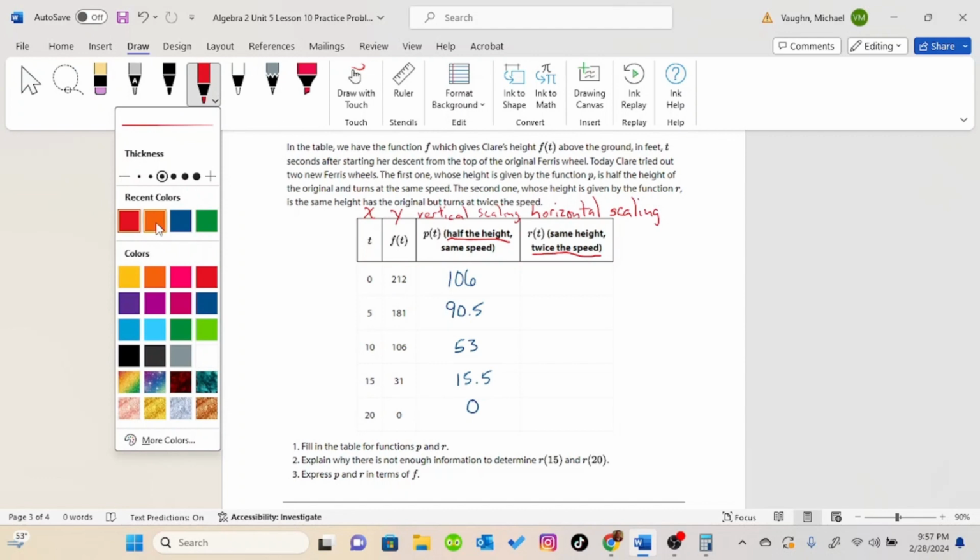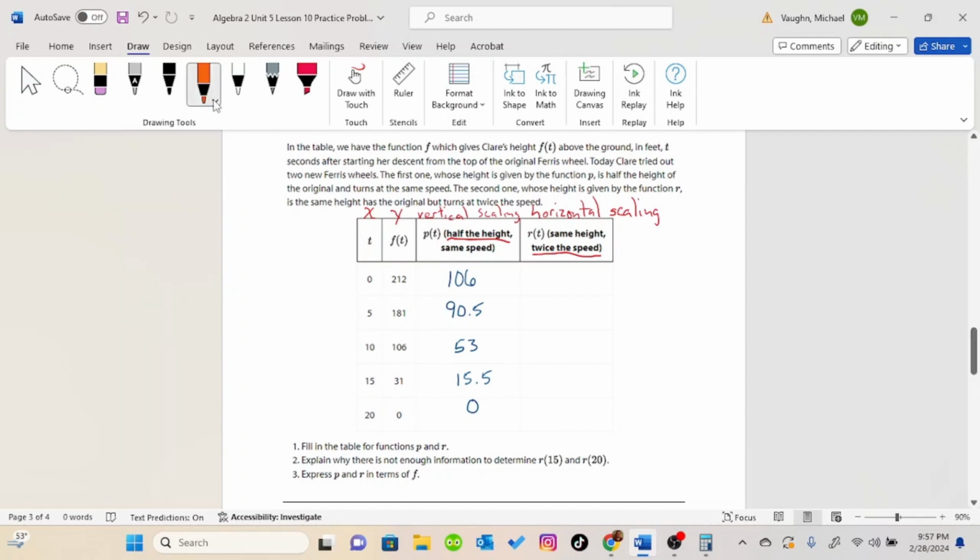And with a horizontal scaling, it's the x that's being affected. So remember, if I want the horizontal scaling for r of 0, then I need to match 2 times the original.